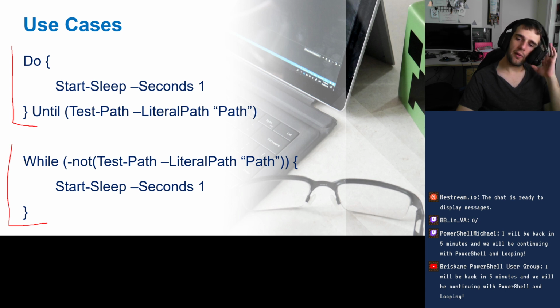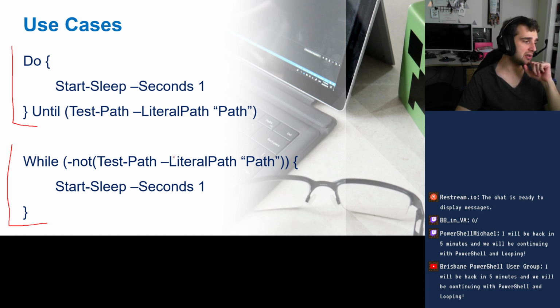The first loop will pause the execution of the script, then test the file exists. The second loop will test if the file exists, and then if it doesn't, pause the script execution.